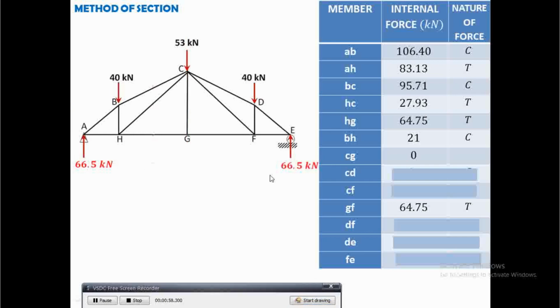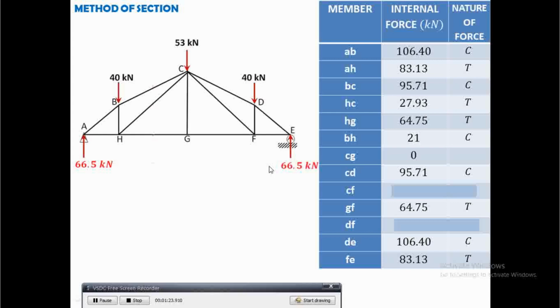So, in this case, AB is equal to DE, that is 106.4 under compression. AH is the same as EF, that is 83.13 tension. BC is the same as CD, 95.71 under compression.